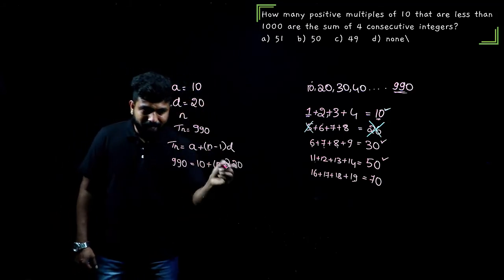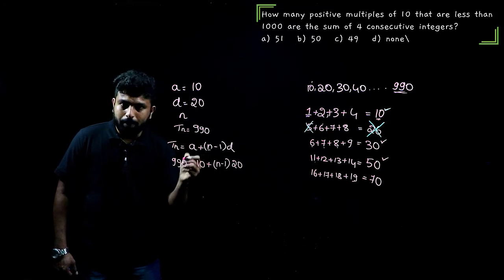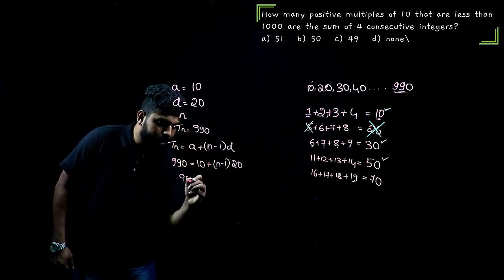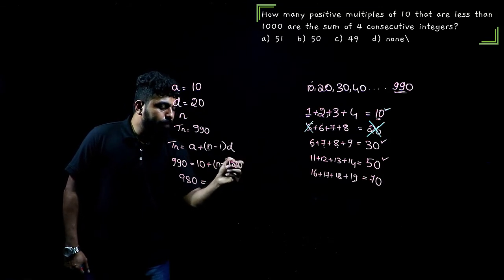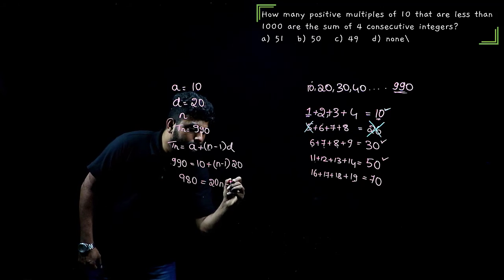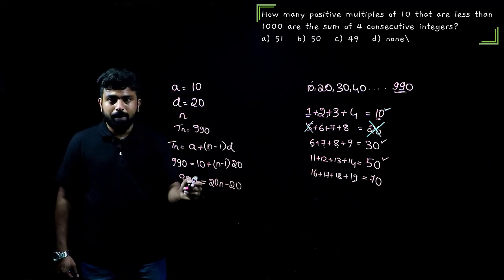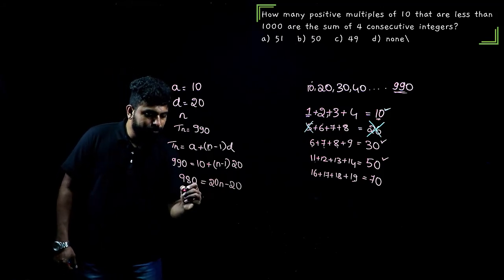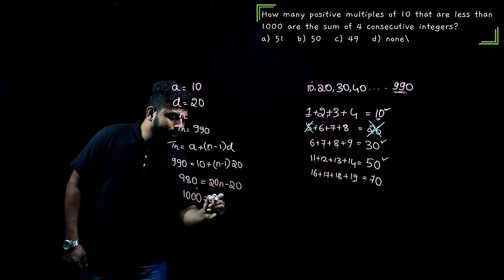So if we simplify this, if 10 goes to the other side, it becomes 990 minus 10. So it becomes 980, which will be equal to, if I multiply 20 inside the bracket, 20n minus 20. Now if I take this minus 20 to the other side, it becomes plus 20. 980 plus 20 gives me 1000, which will be equal to 20n.